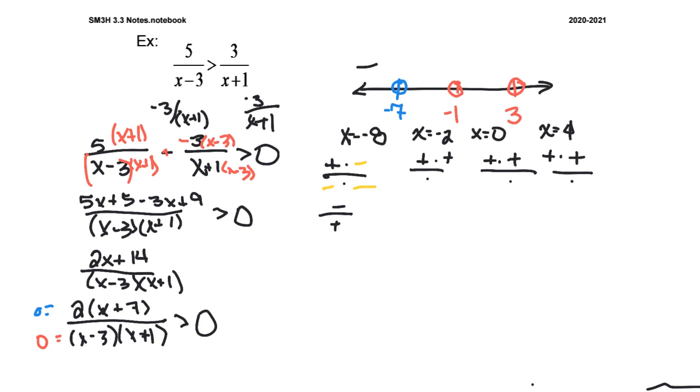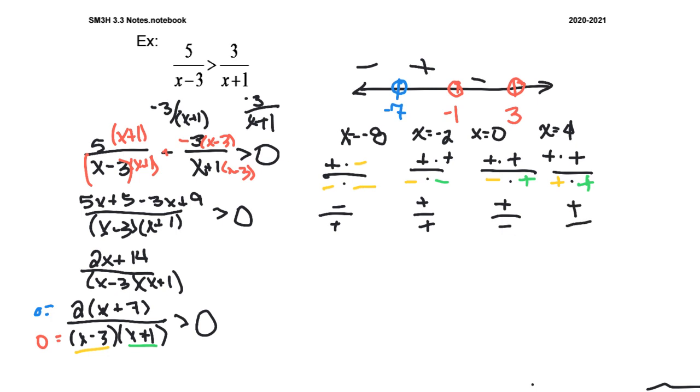Then if I look at x minus 3, -2 minus 3 is negative. 0 minus 3 is negative. 4 minus 3 is positive. And then if I look at the x plus 1, -2 plus 1 is negative. 0 plus 1 is positive, and 4 plus 1 is positive. So then I can look at these. I have a positive divided by a positive is positive. A positive divided by a negative is negative.